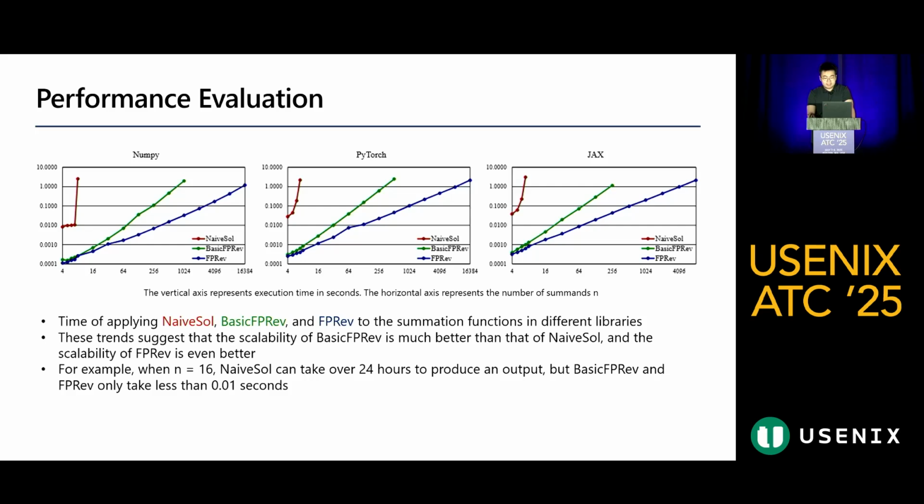The green and blue lines show that the execution time of basic FPRev and FPRev grows polynomially. The different slopes also demonstrate the execution time of basic FPRev is longer than that of FPRev and increases more rapidly as n increases. This trend suggests that the scalability of basic FPRev is much better than the baseline.